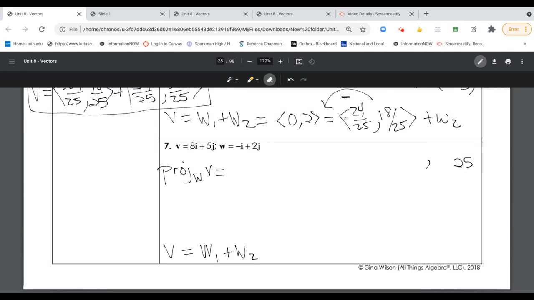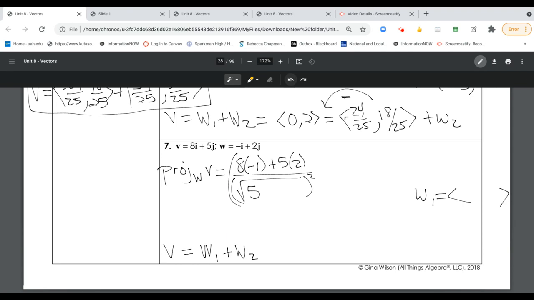Our last one, we're going to do the same thing: find our projection vector first. So we're going to calculate W1. That is going to be 8 times negative 1 plus 5 times 2, over the magnitude squared, which would be negative 1 squared plus 2 squared, and multiply that by the negative 1, 2 W vector.